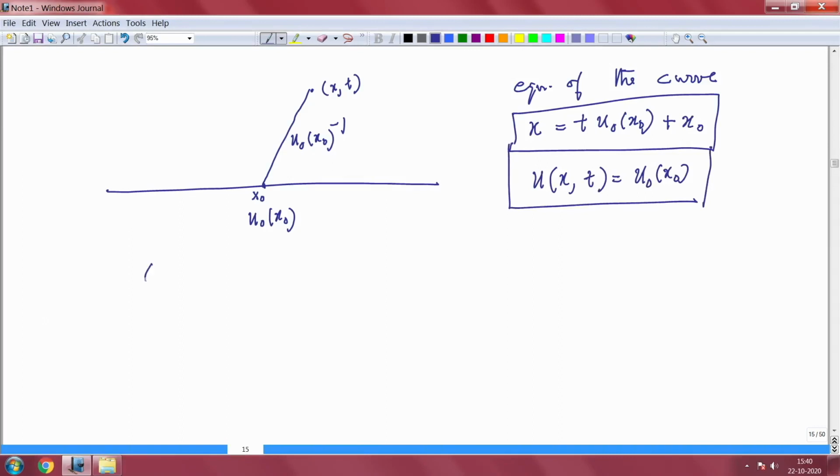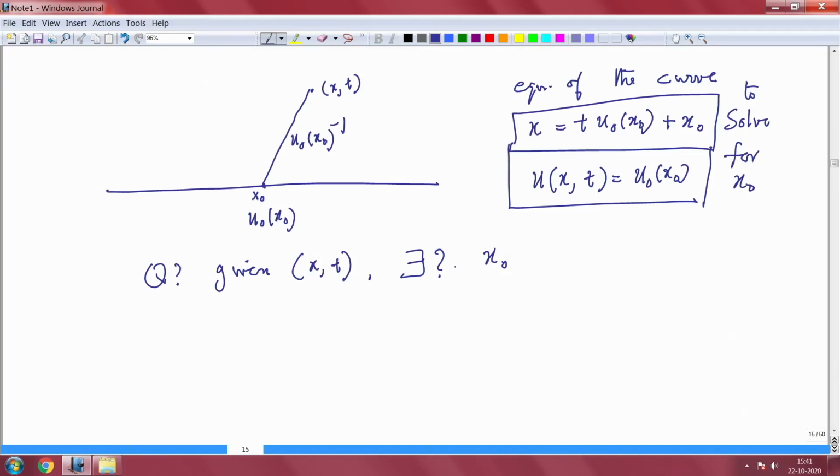So, the question is, given (x, t), the same inverse question, does there exist x naught? You want to solve this equation for x naught, for given (x, t).